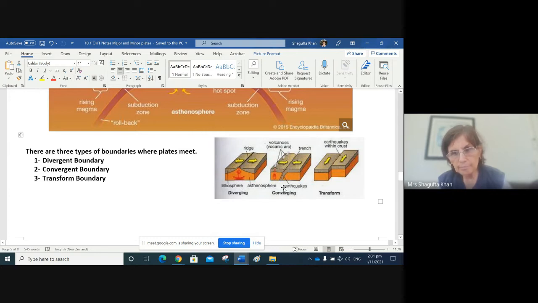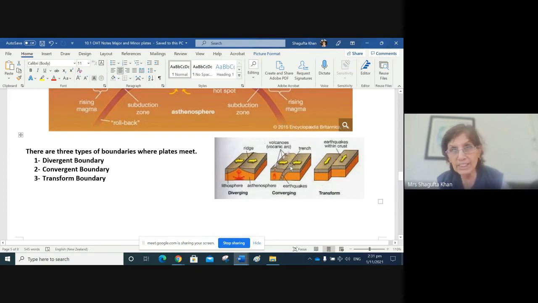Convergent plates are when plates are moving towards each other. Remember, convectional currents in the mantle are moving them towards each other. These are thick layers, 5 to 30 kilometers thick. So either both of them can go up, or one can submerge inside. Crust is different under the oceans and under continents.